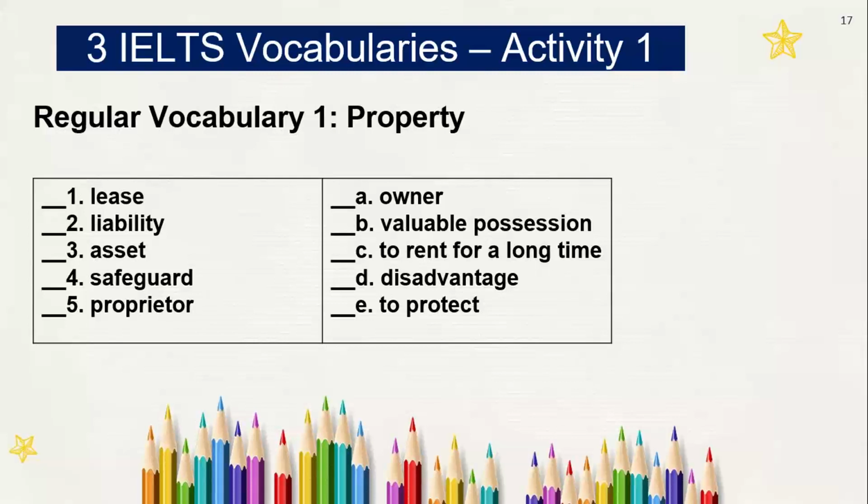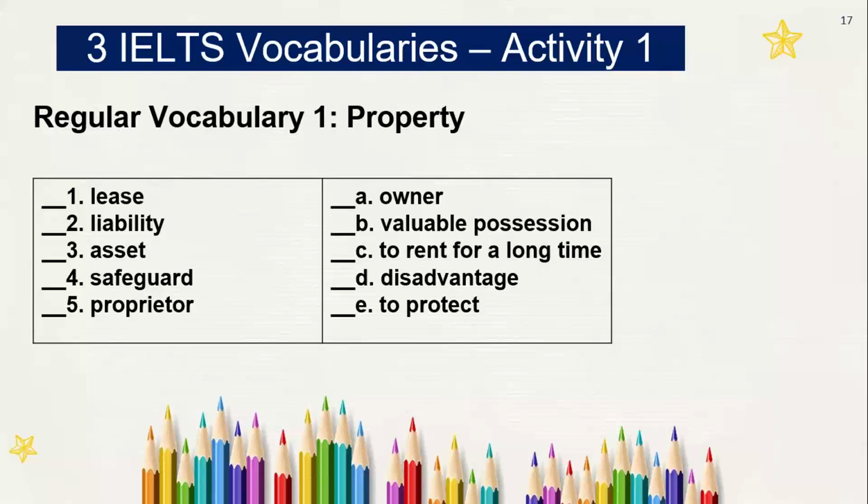What is a liability? It's disadvantage. Very good. Liability would be a disadvantage. So as you can see, we're looking at some real estate or economic business terms here. Again, you need to have a broad vocabulary. But some of these words are, of course, used pretty commonly in the English language.